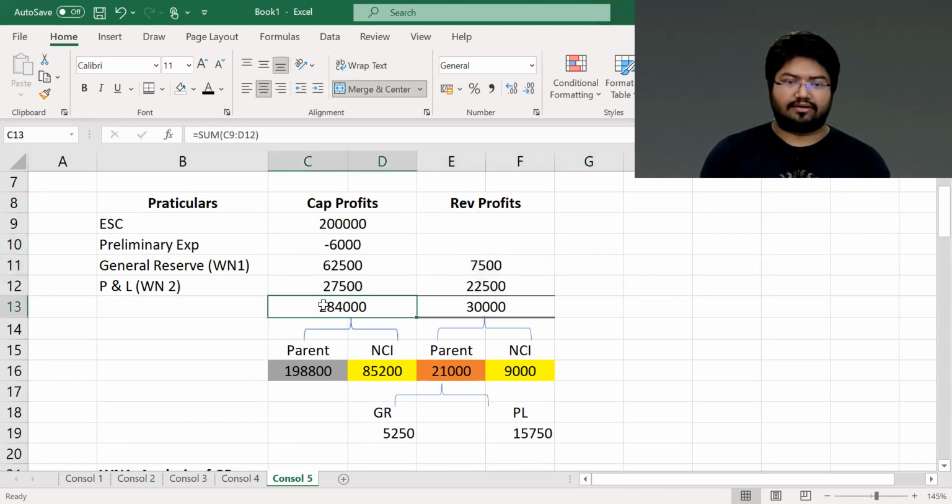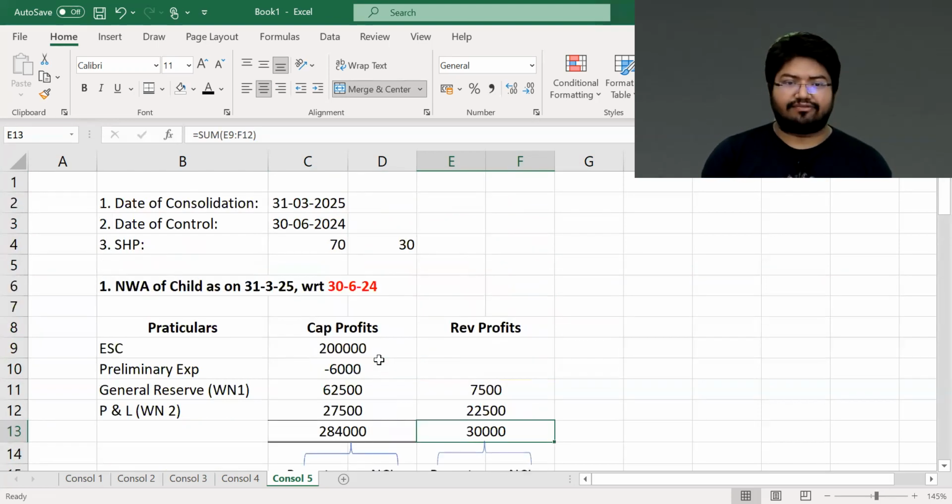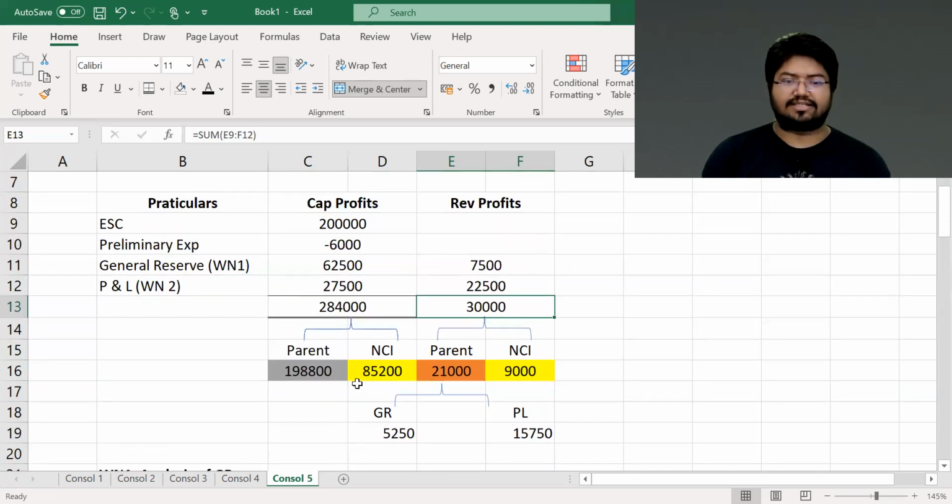Yes, sir. These totals are supposed to be split between parent and non-controlling interests in the ratio of their shareholding pattern, which is 70 and 30, if I'm not wrong. Yes, 70-30 is the ratio. So the values come to 1,98,800 for parent, and non-controlling interest is 85,200.